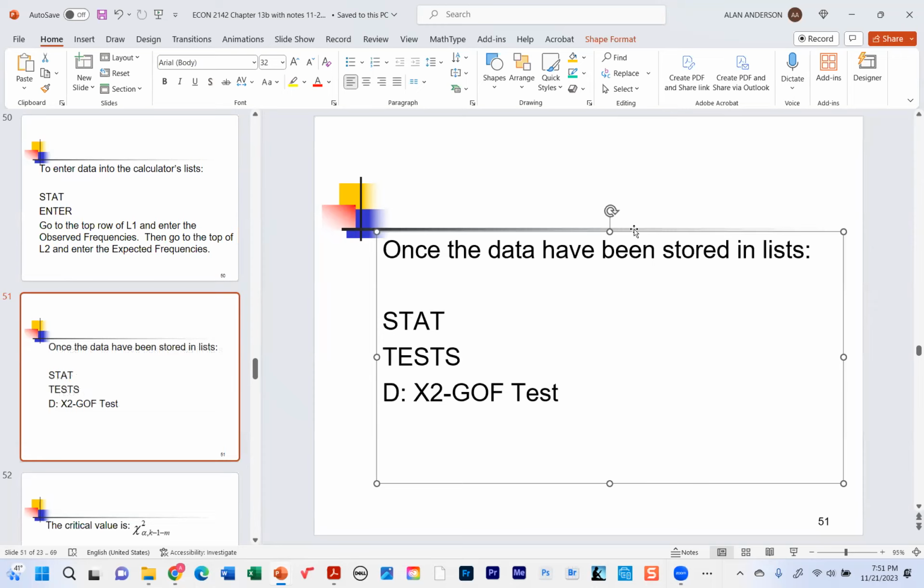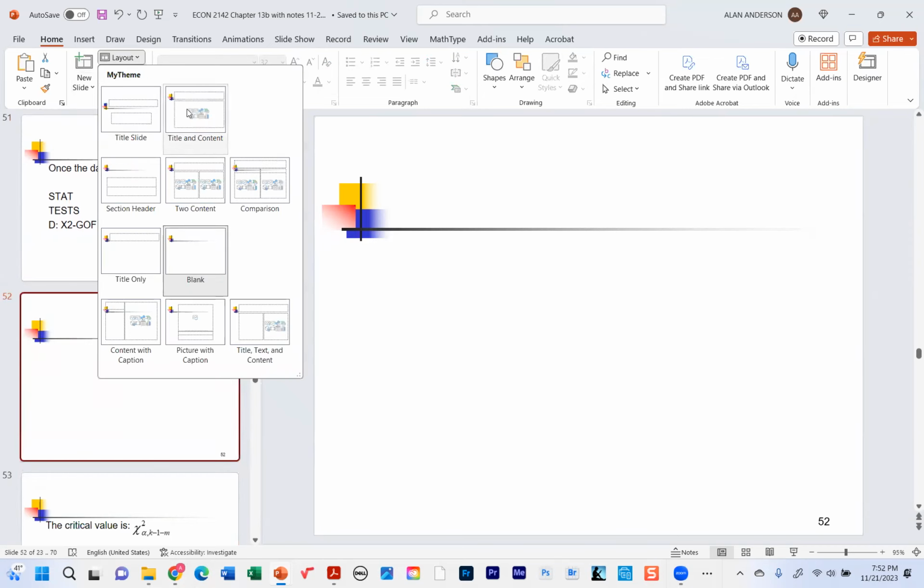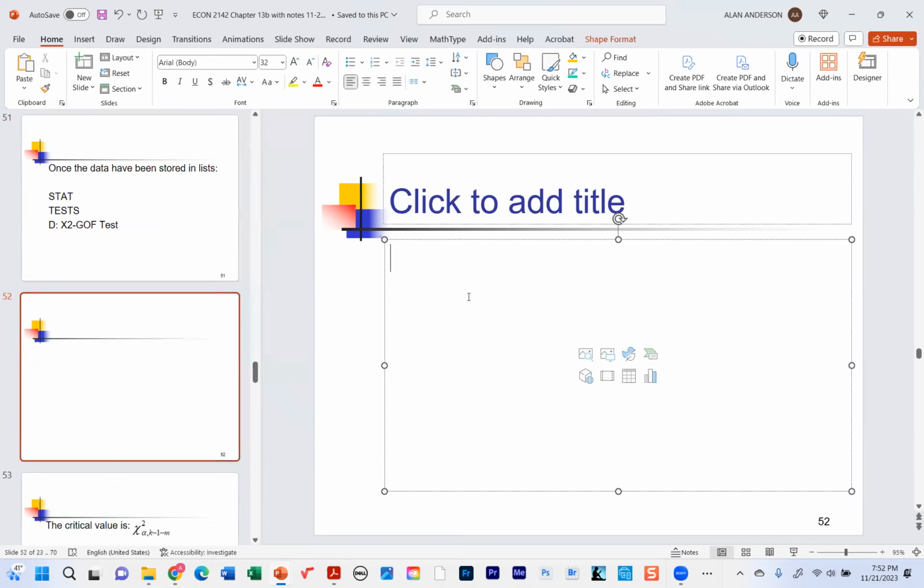And when you get there, it's going to ask you just a few details. It's going to say, well, where did you put your observed data? L1. Your expected data, L2.